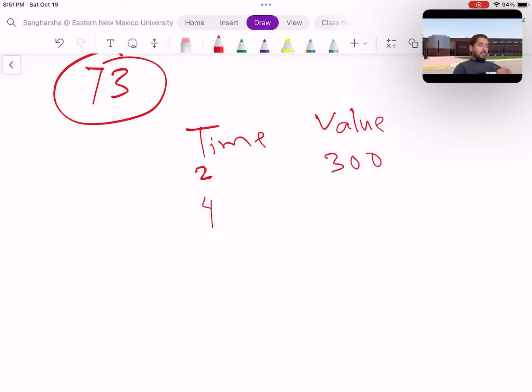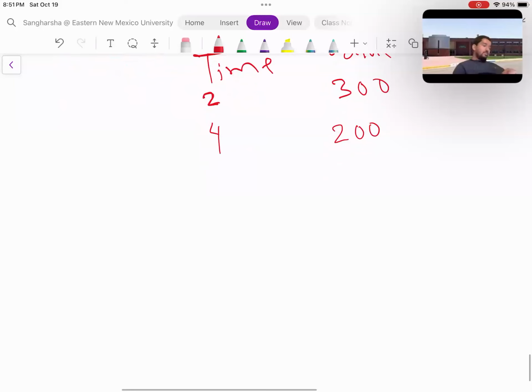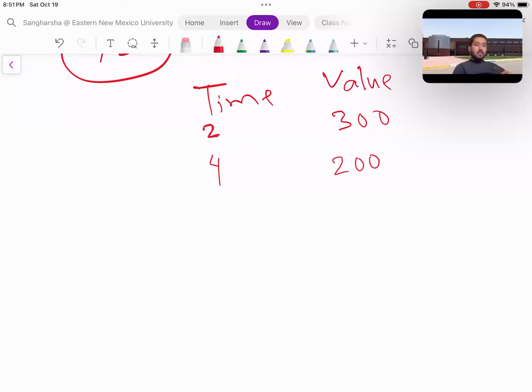After 4 years of use, the value is $200. The question is: express the value of the printer as a linear function of the number of years after its purchase.